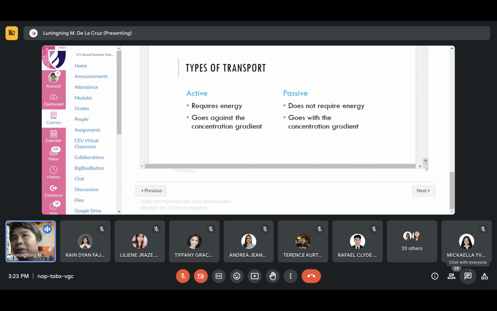For example, if you put in ink or food coloring, from the most concentrated part, it will diffuse into the other parts which do not have any food coloring. Now, active transport, on the other hand, requires energy.